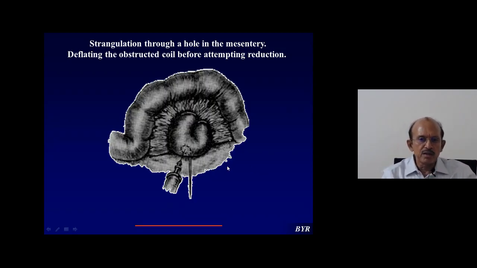You put a neuromuscular stitch like this, and in the center you put a needle and aspirate all the air, or you make an opening, put a Ryle's tube and then suck out. That's how you can deflate them. Once you deflate them, it's easy to pull them out. A distended bowel through a narrow opening is very difficult to retrieve.